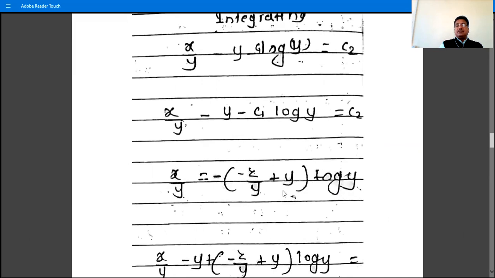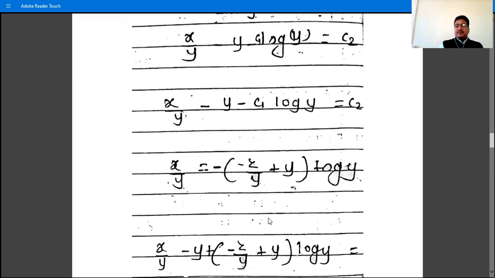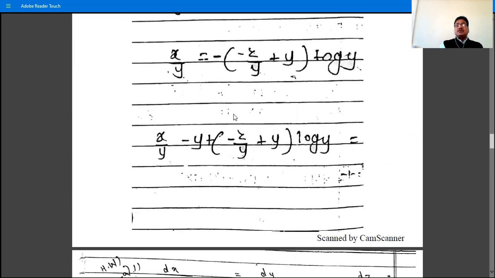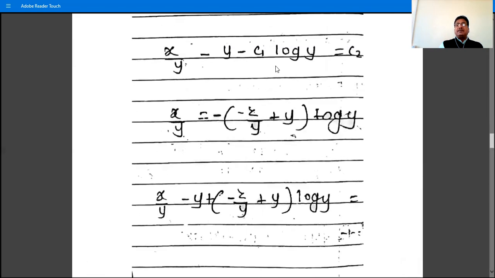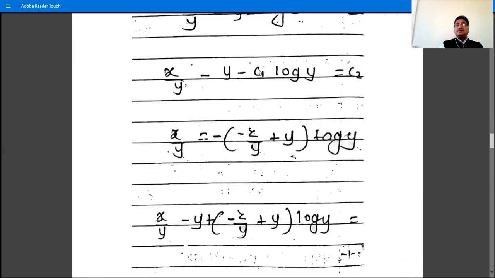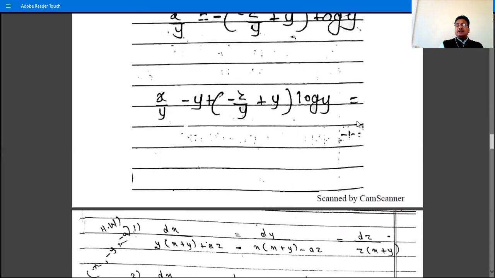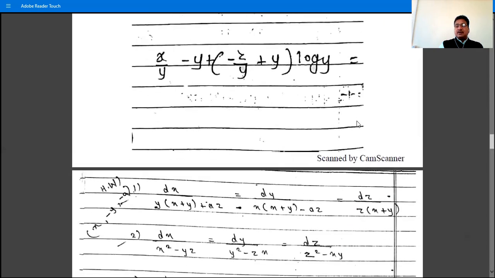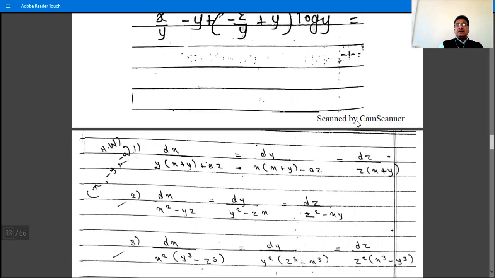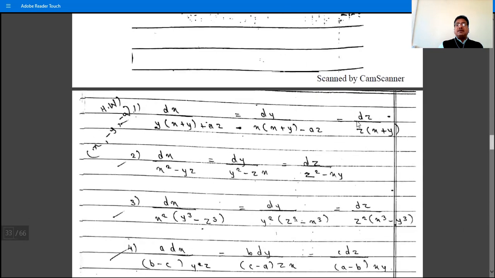So this is the second solution, solution number 2, and so 1 and 2 give the general solution of the given differential equation.